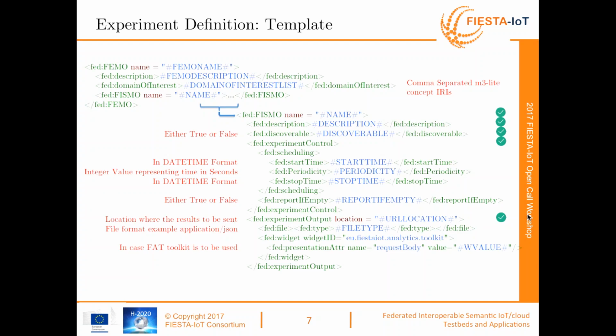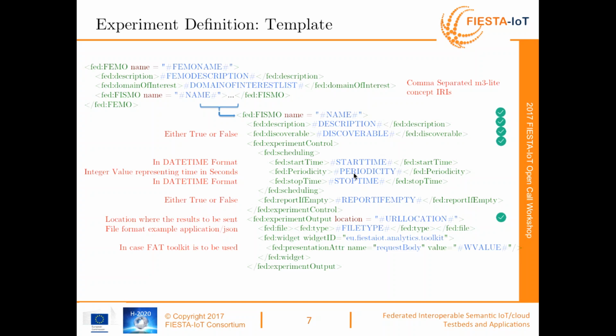A FEMO contains a FEMO name, description, domain of interest, etc. We recommend you please go through the handbook. I will not be describing all of these in detail because of short time, and I have a very bad throat, sorry.